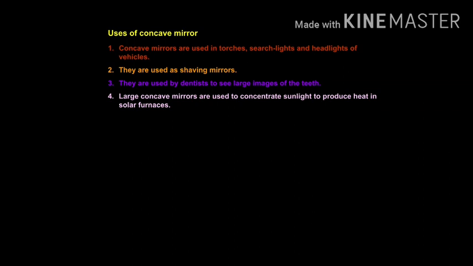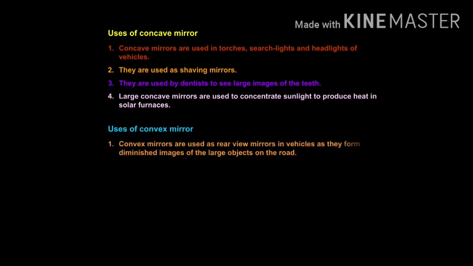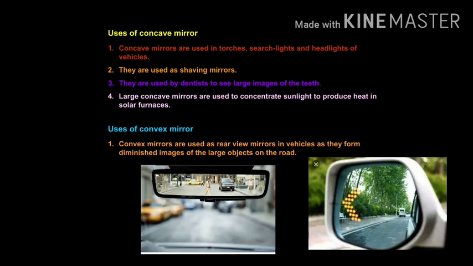And we will move to the convex mirror. There are uses of convex mirrors too, and the very important use is that convex mirrors are used as rear view mirrors in vehicles. Many times you have traveled in vehicles that have rear view mirrors, like cars and buses.